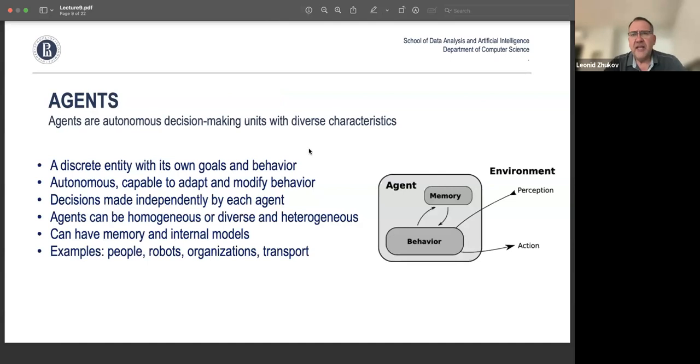So what's inside an agent? Every agent can have built-in rules. An agent is autonomous and decision-making. Decision-making means that depending on the situation in the environment and the perception, the signal that comes from the environment, the agent makes a decision what to do next or how to respond to that situation.